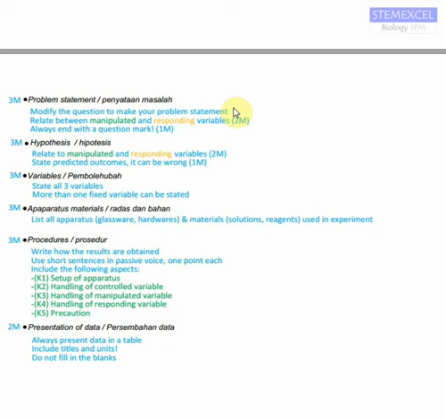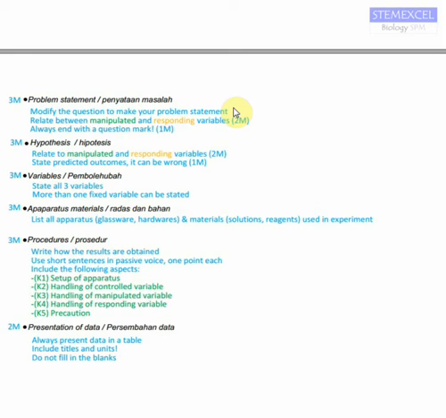You will still be given a mark as long as you show the relationship between the manipulated and the responding variables. The next is the 3 different variables. So you have your manipulated variable, your responding variable, and also your control variables or fixed variables. In this case, you are often allowed to put more than one fixed variable for this section.